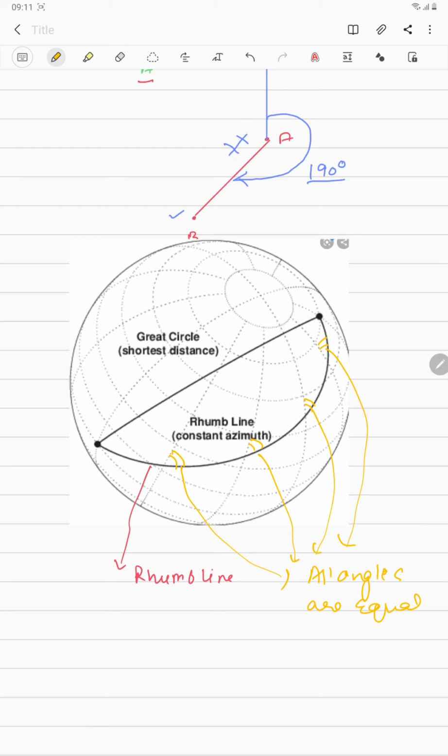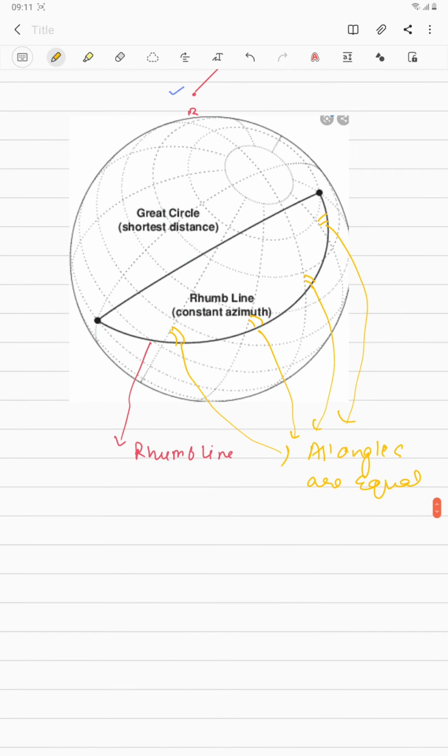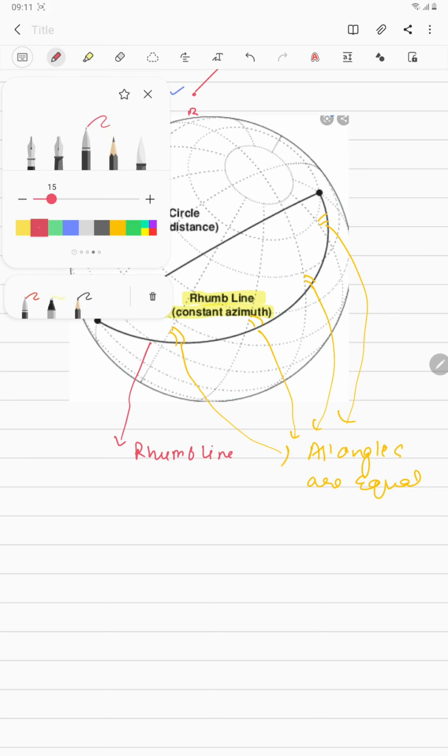So this is the very important property of your rhumb line, that it cuts all the meridians at the same angle. And guys, have a look here in this diagram. It is very clearly written, rhumb line, constant azimuth. Constant azimuth means constant angle.